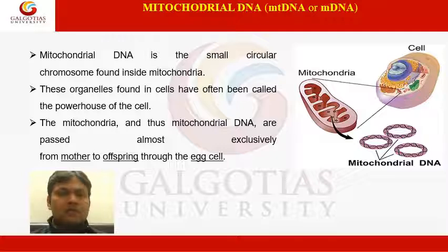The mitochondrial DNA is the small circular chromosome found inside the mitochondria, and these organelles are called the powerhouse of the cells. The mitochondria, and thus the mitochondrial DNA, are passed almost exclusively from the mother to her offspring through the egg cell.